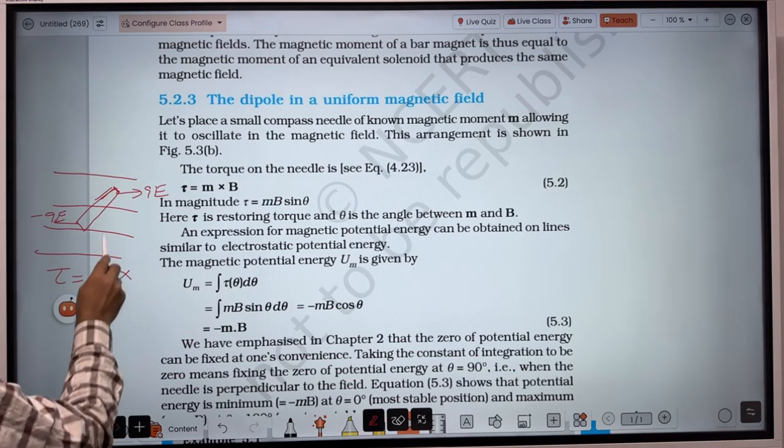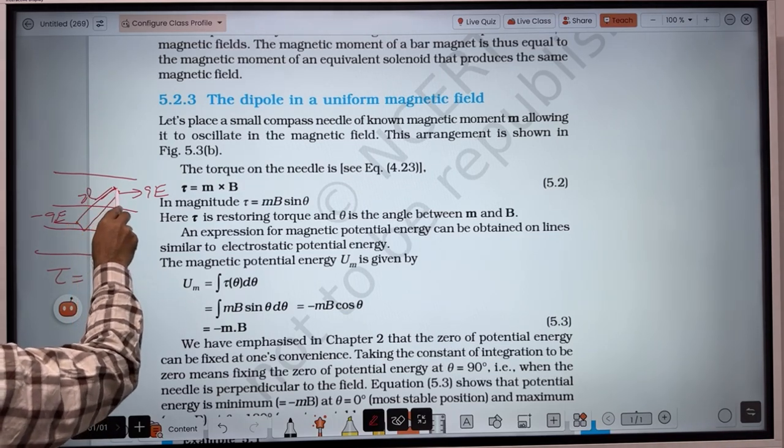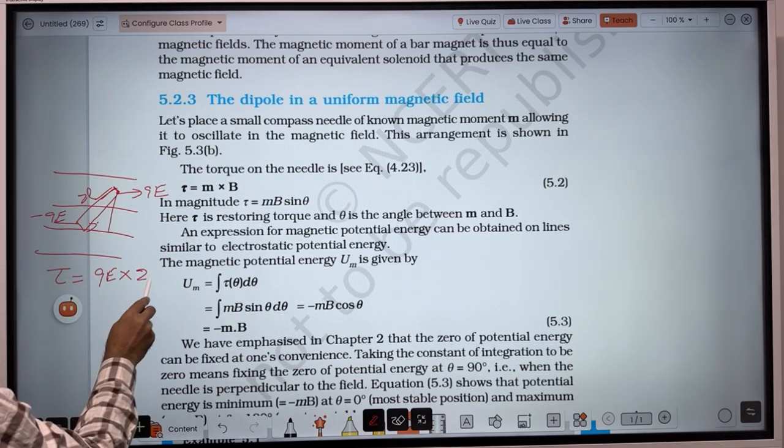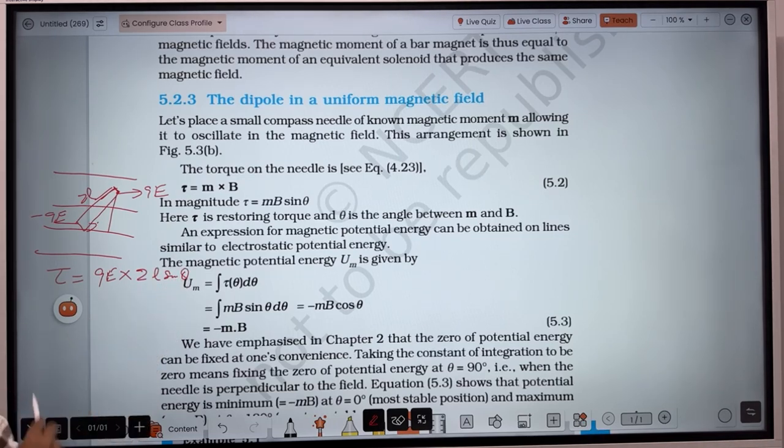So QE into perpendicular distance, if this is 2L and this angle is theta, then 2L sine theta. I think you remember this. And then 2LQ we write as P, the dipole moment, then E sine theta, and in vector form P cross E. The same analogy we can apply here.